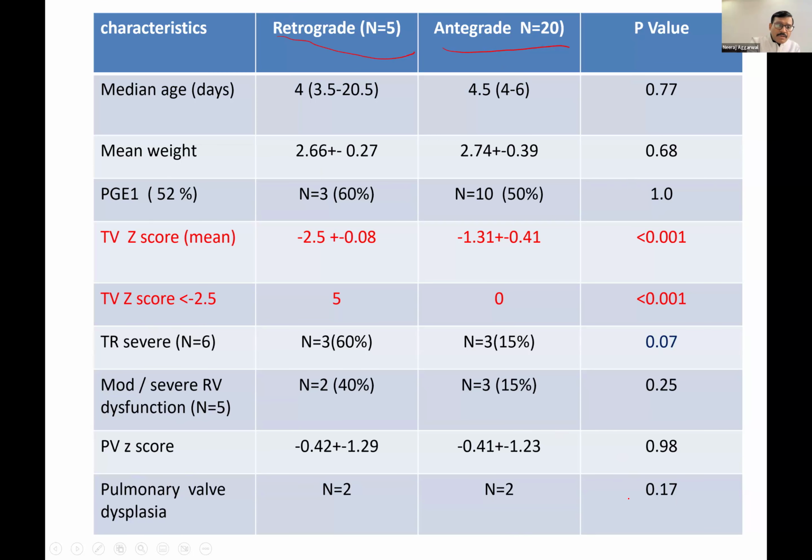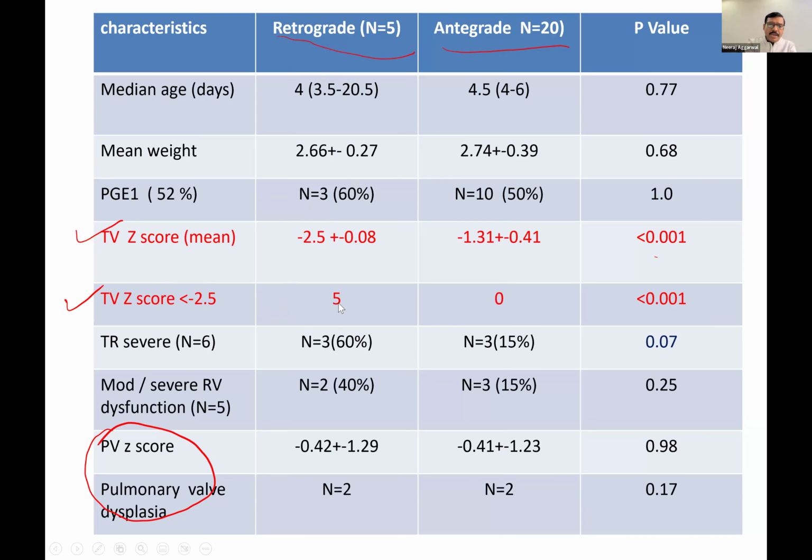So what we realized is that pulmonary valve anatomy was not really an important factor in terms of annular size or dysplasia. Though the number is not very high, we have only 25 patients, in that study we realized it's not different. What was different was these two factors. Tricuspid valve Z score was the one factor that was statistically significant: all patients who needed the retrograde route had a tricuspid Z score of less than minus 2.5.